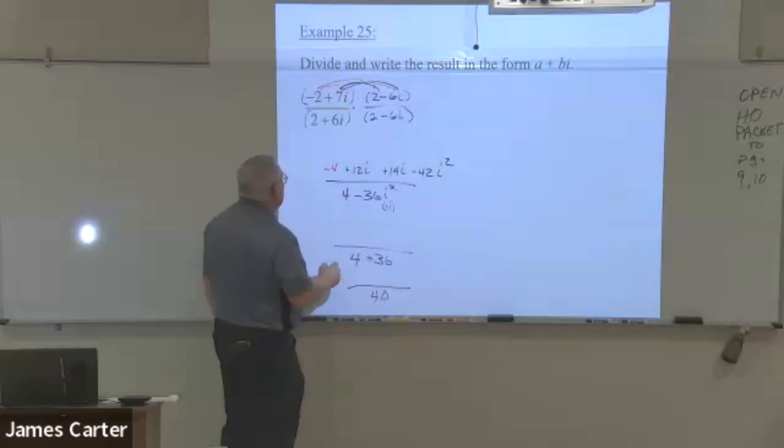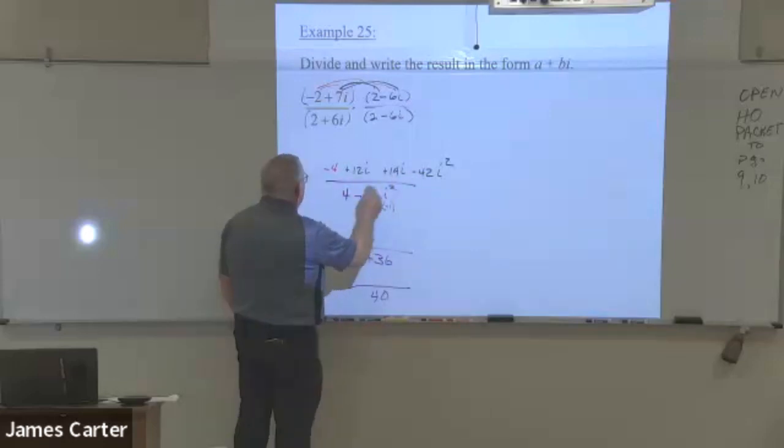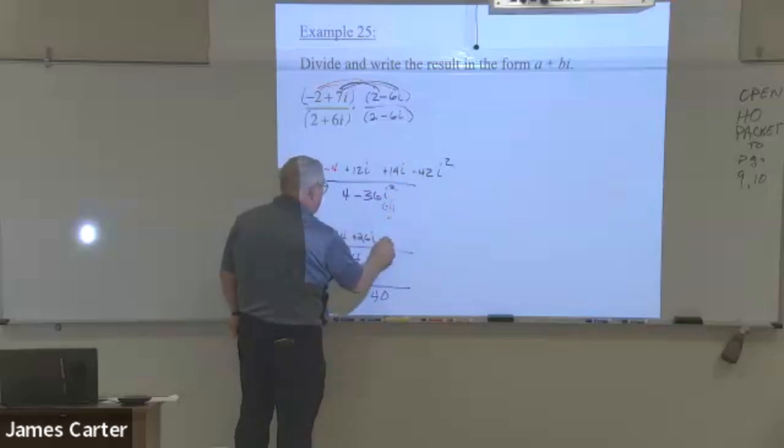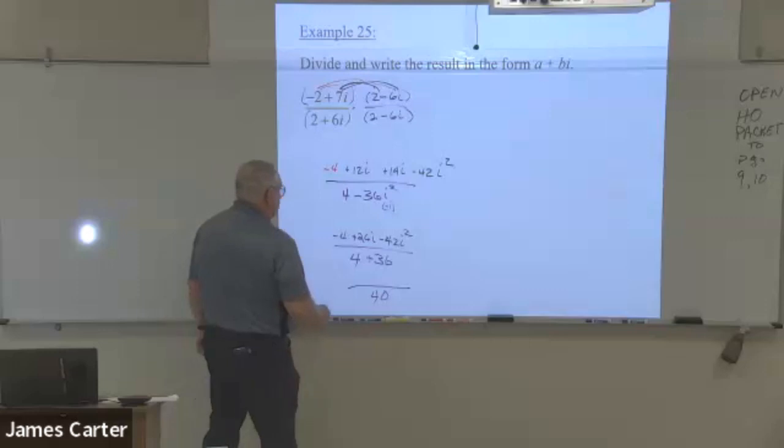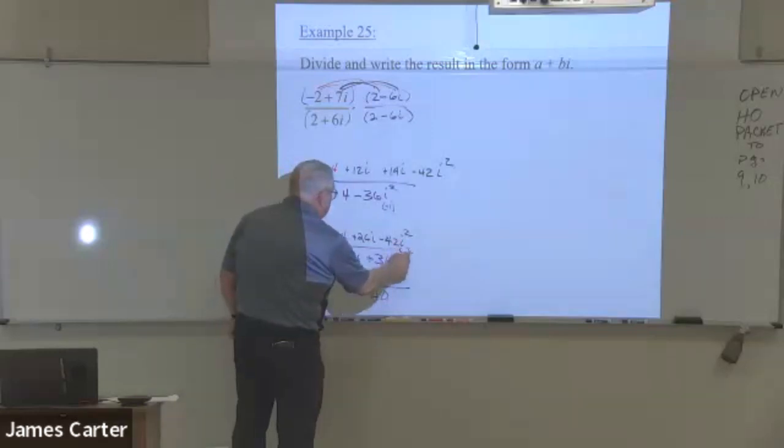Okay? So what have we got when we combine all this stuff? We've got negative 4, we've got 26i, and we've got negative 42i squared. Okay, replace this with a negative 1.